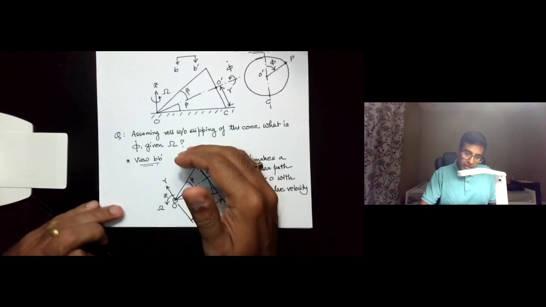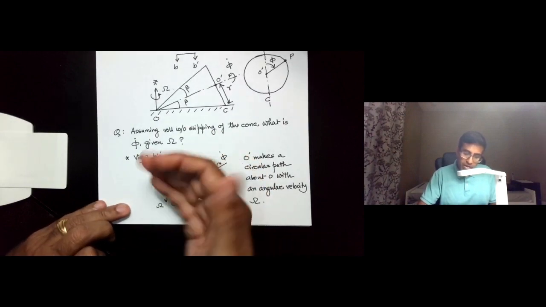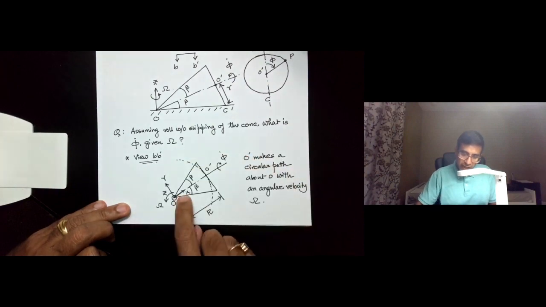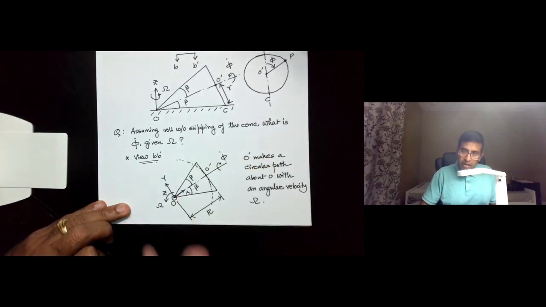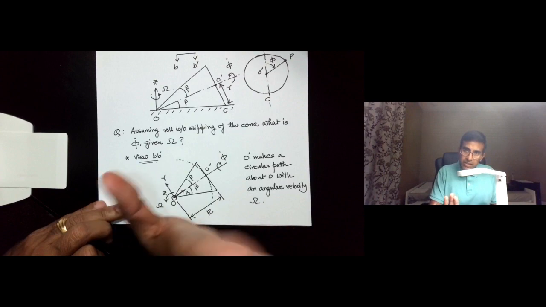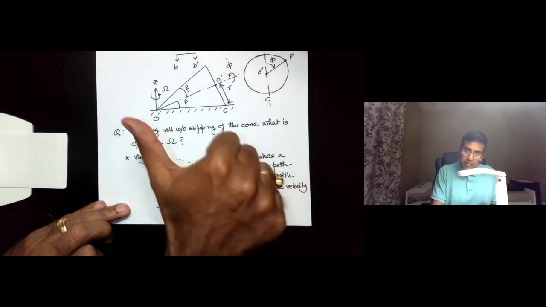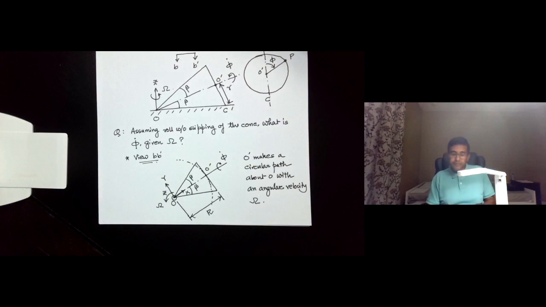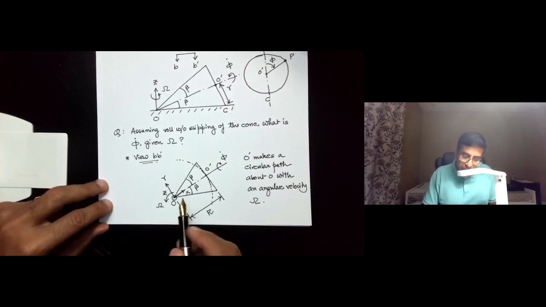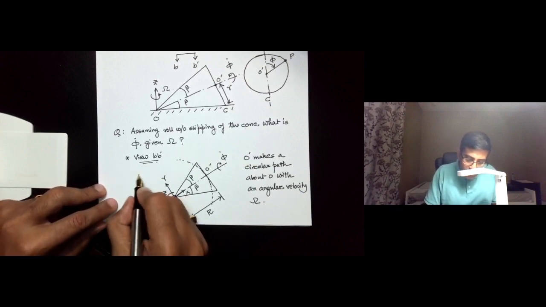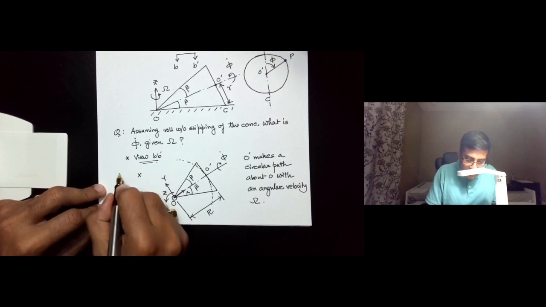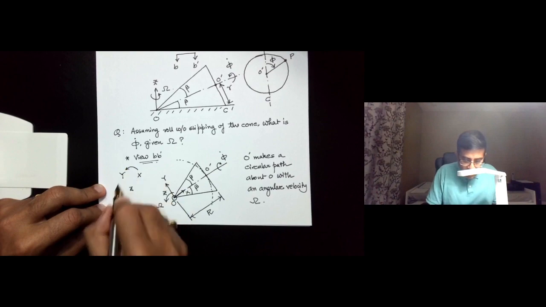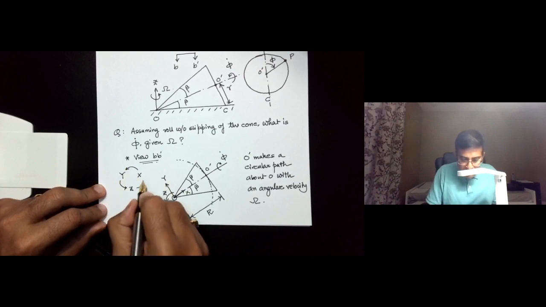If I curl my fingers from y to z, my thumb will point in the direction of x, and if I curl my fingers from z to x, then my thumb is going to point in the direction of y. That's a right-handed coordinate frame. So you could represent that as x, y, z like this.